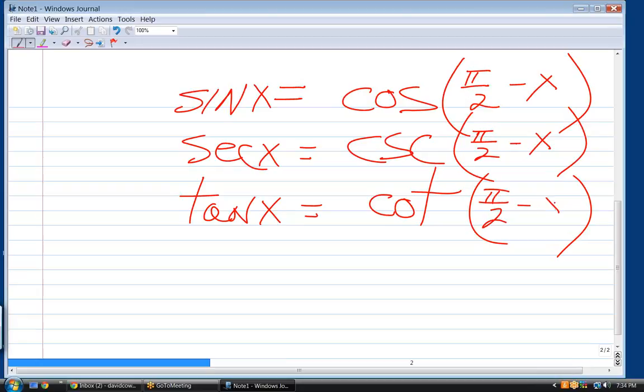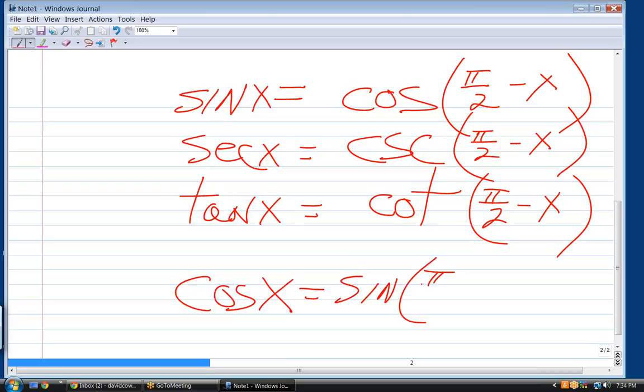This is the most important part of the cofunction relationships, and vice versa. In other words, cosine of x is equal to the sine of pi over 2 minus x. So there are 6 cofunction relationships, 2 for each of the 3 pairs.